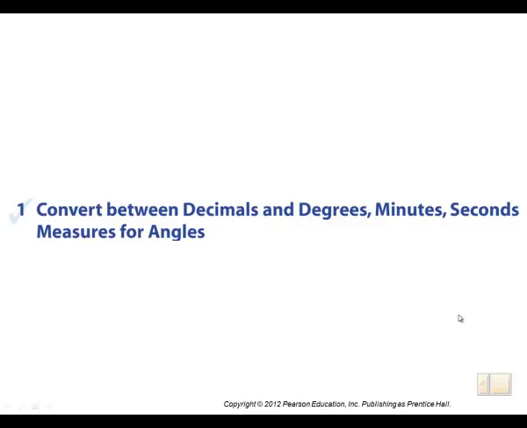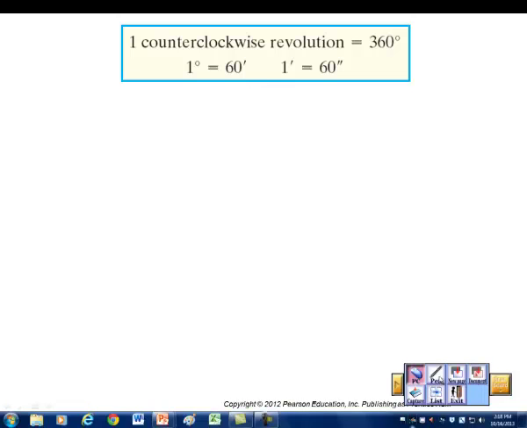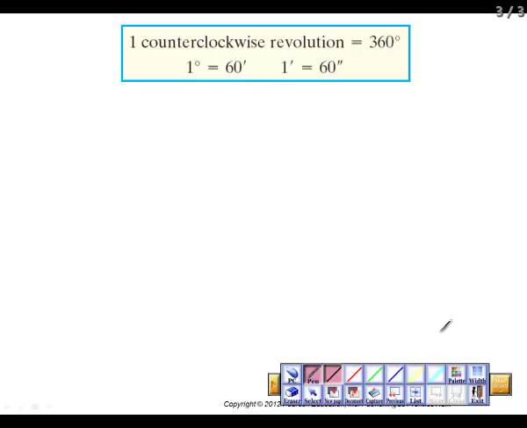Okay, we're going to convert between decimals and degrees, minutes and seconds, as measures of our angles. We have here 1 degree equals 60 minutes. So let's say that this is 1 degree right here.